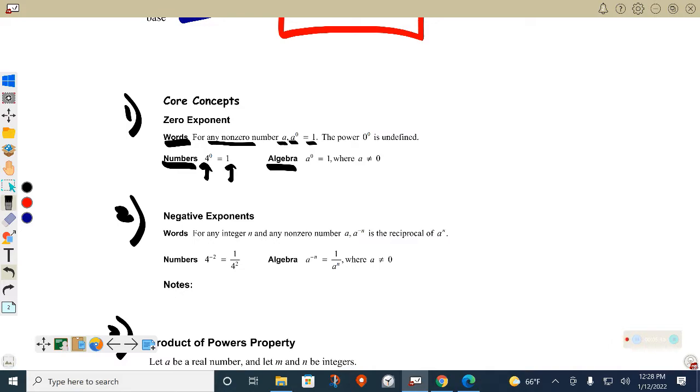Except what number? 0. Exactly. It's undefined. There's literally an infinite amount of numbers that are not 0. Every single one of those, if you raise it to the 0 power, it's going to be 1. That's all this rule is saying.